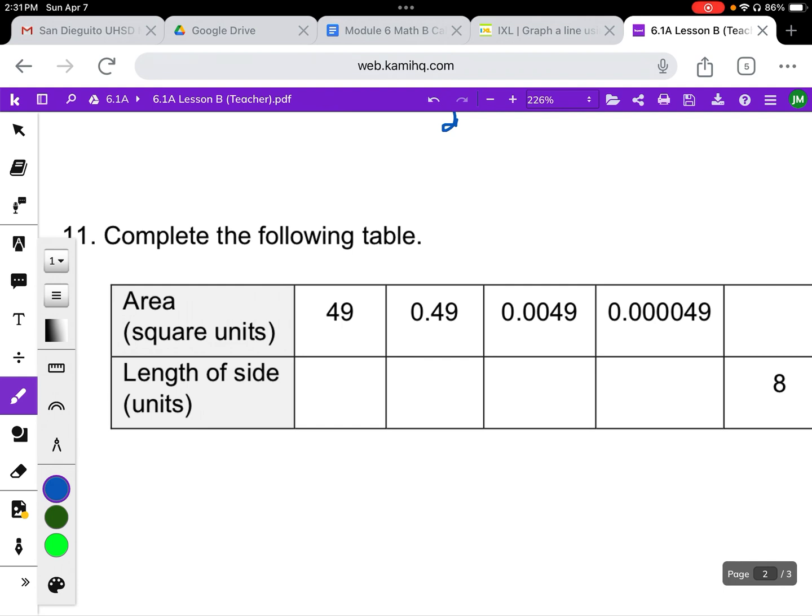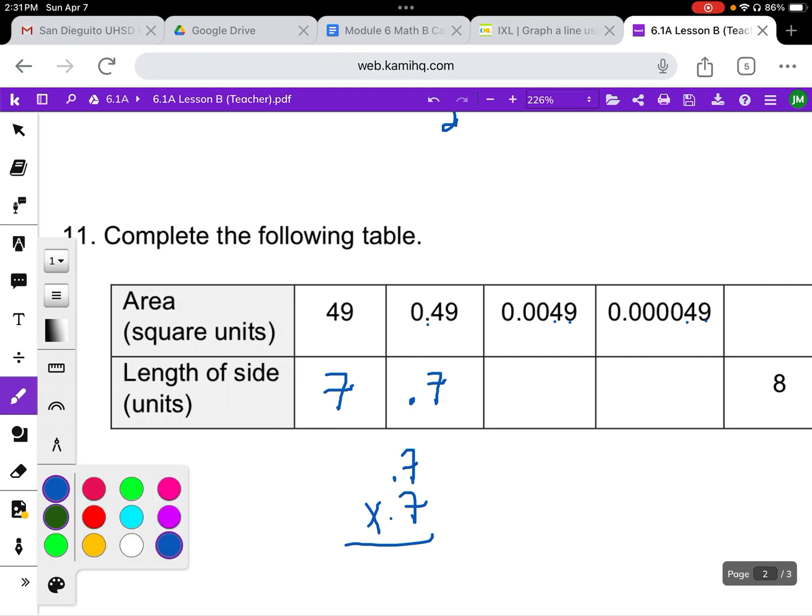They give us all the areas, and we want to find side lengths, and we have some decimals here. 49 is a perfect square, so this is 7. 7 times 7 is 49. This is based on a perfect square, so what I like to do is, if I notice that I have a perfect square kind of hidden in the decimal with just a bunch of zeros, we're going to put a 7 down and place the decimal point and see if we had 0.7 times 0.7, would we get the decimal point where we need it in the area?